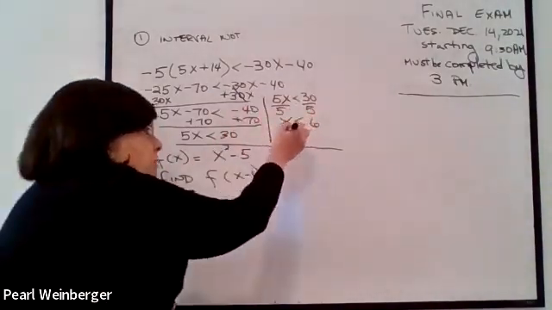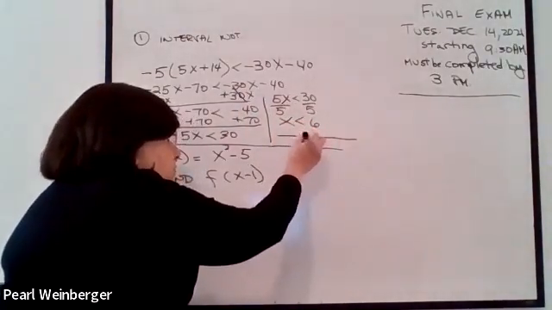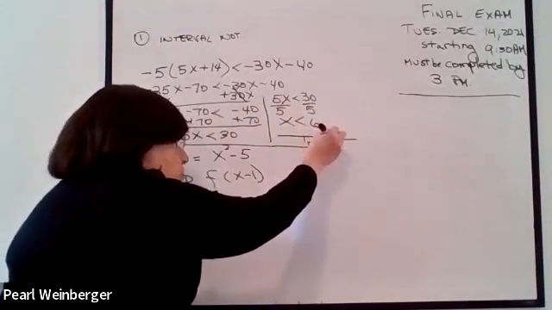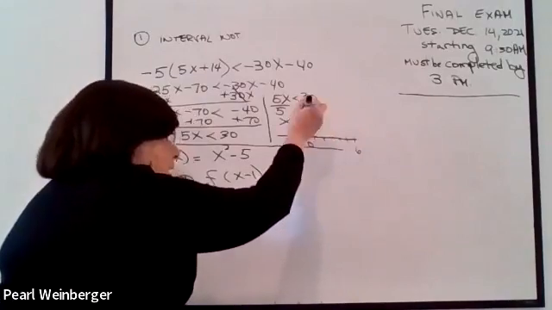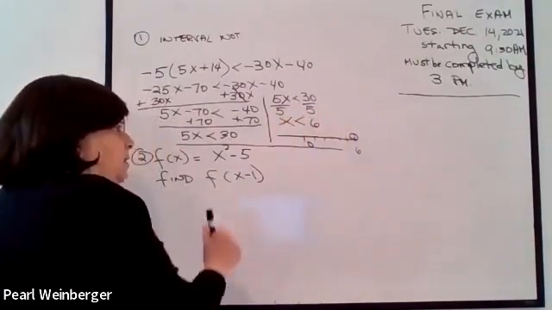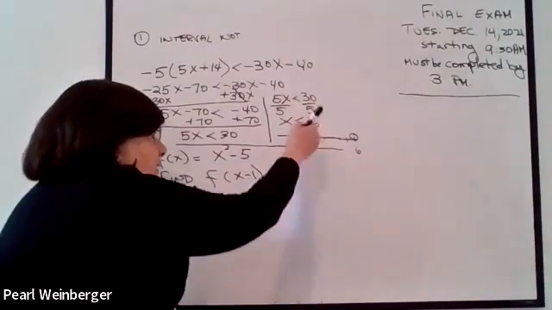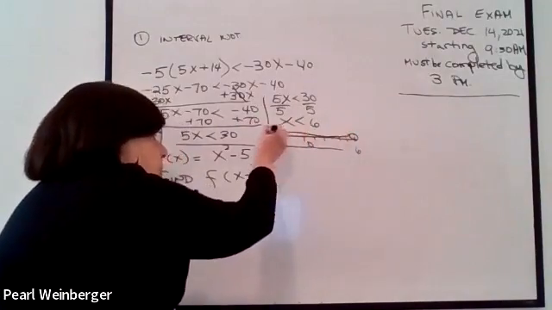What it looks like on the number line is this. Here's my 0, 1, 2, 3, 4, 5, 6 is over here. And it's an open circle at 6, because this is just a plain less than. And since this is pointing to the left, we have our arrow going to the left.